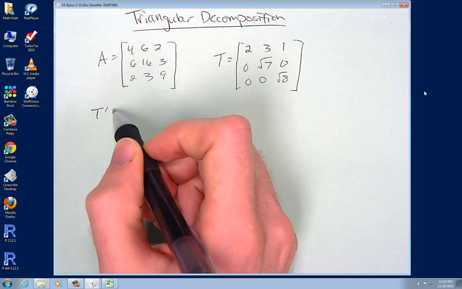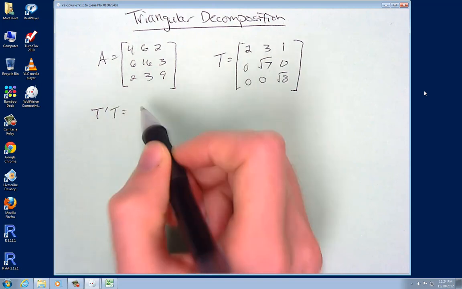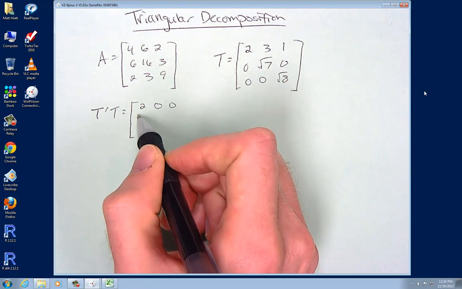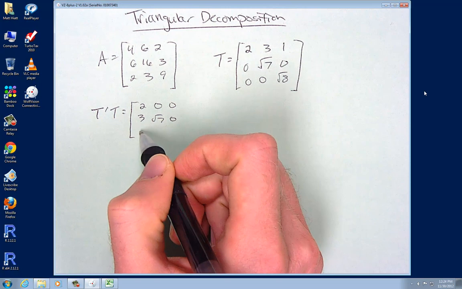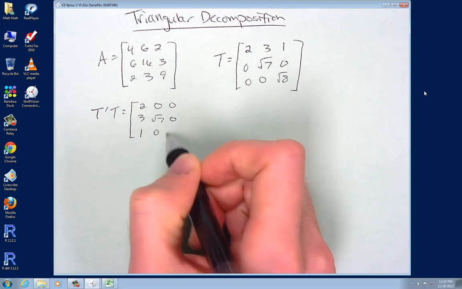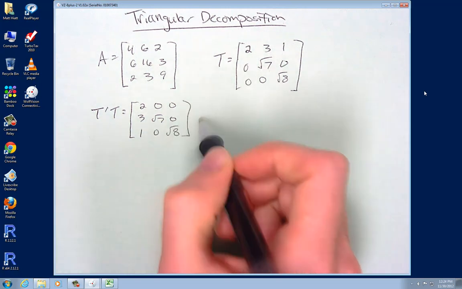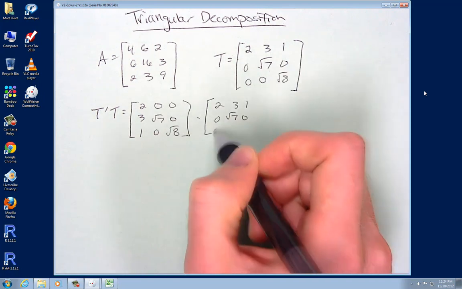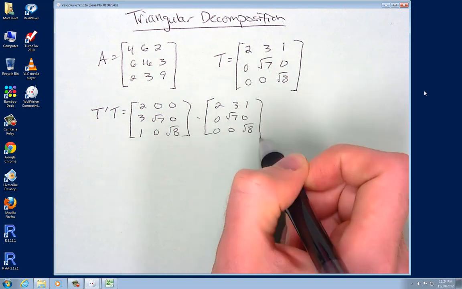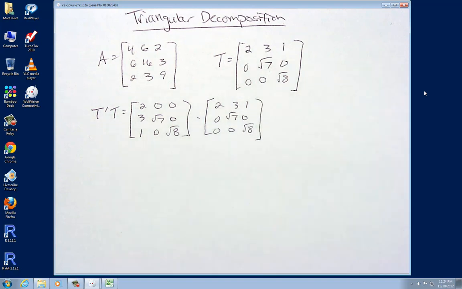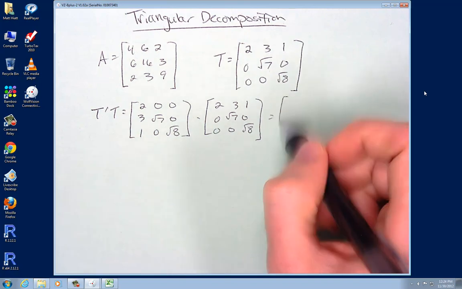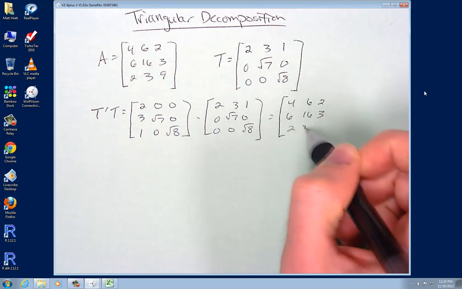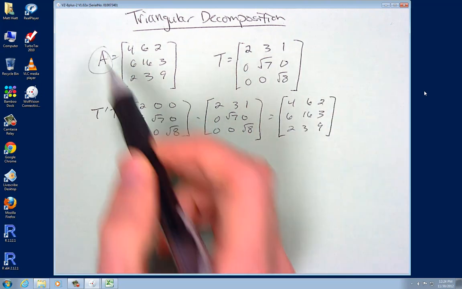We have transpose of T times T. So what we'll have is 2, 0, 0, 3, square root of 7, 0, 1, 0, square root of 8, times 2, 3, 1, 0, square root of 7, 0, 0, 0, square root of 8. And in fact, when we multiply those together, we do get 4, 6, 2, 6, 16, 3, and 2, 3, 9, which is matrix A up here.